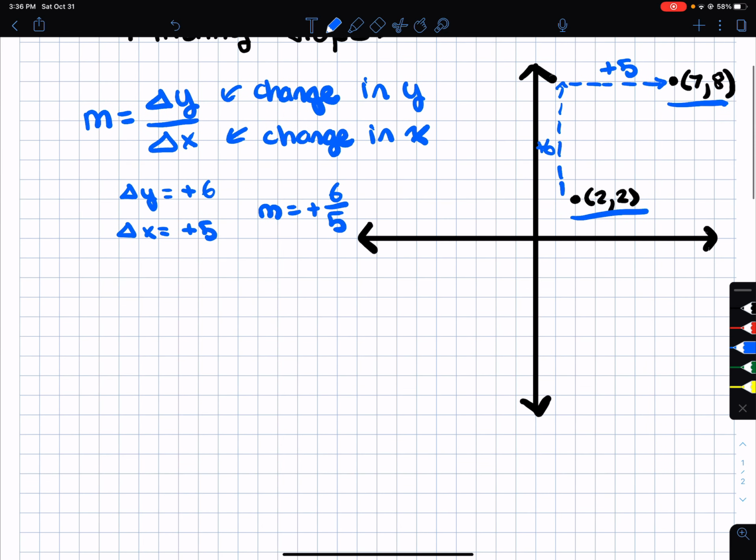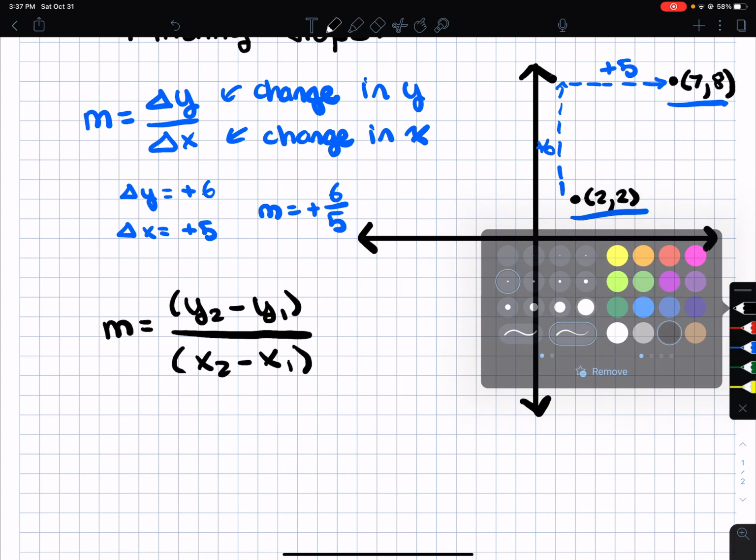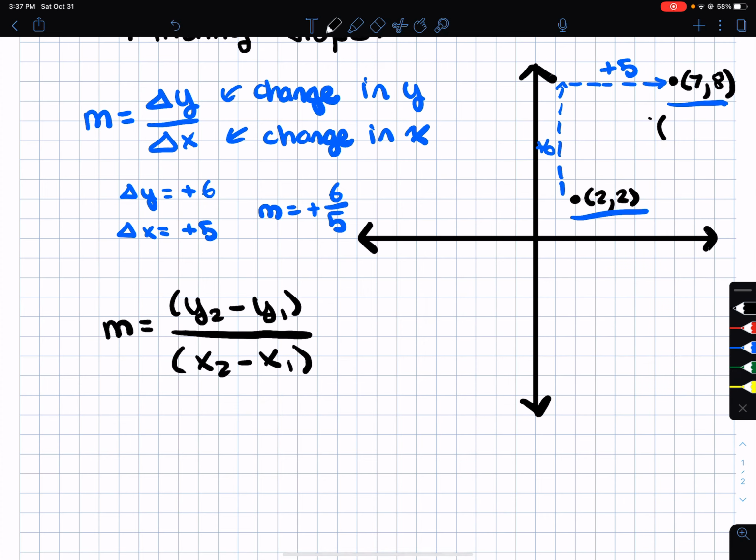Now, let's say that we wanted to do this without drawing the graph. There's actually a formula we can use, and that's going to be this formula: y2 minus y1 over x2 minus x1. So all we have to do is pick one of these points to label. We're going to call this one our x2, y2, and this point we're going to call our x1, y1.